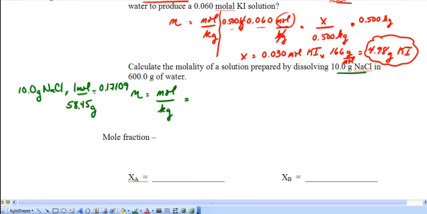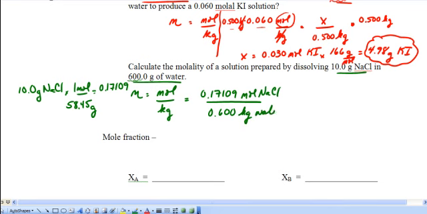So therefore we have 0.17109 moles of sodium chloride. We'll plug that in: 0.17109 moles of NaCl divided by the mass in kilograms of our solvent. Well, we have 600 grams of water. Move the decimal 3 to the left, so we have 0.600 kilograms of water for a solvent.